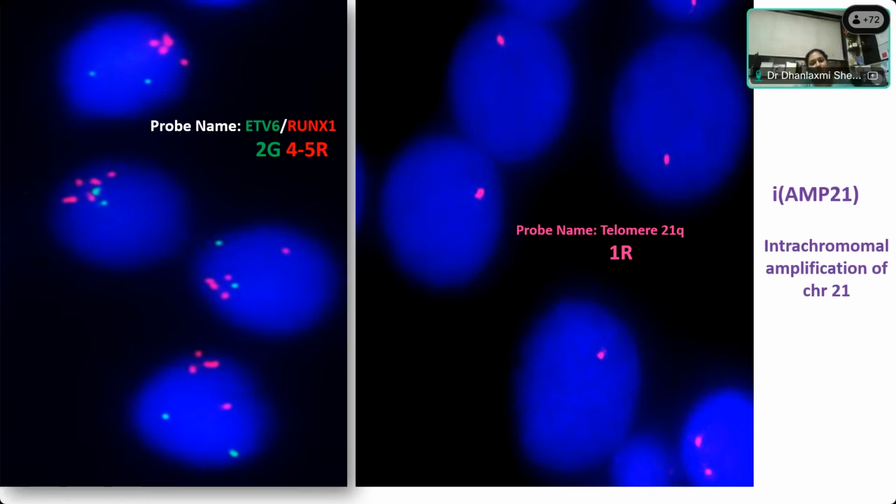It is intrachromosomal amplification of chromosome 21, amplification of the RUNX1 gene. This is a very important subtype in B-ALL, present in 2% of the population. Rather, it's very rare.